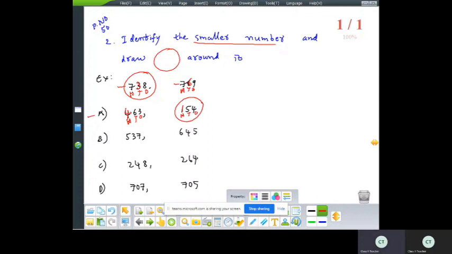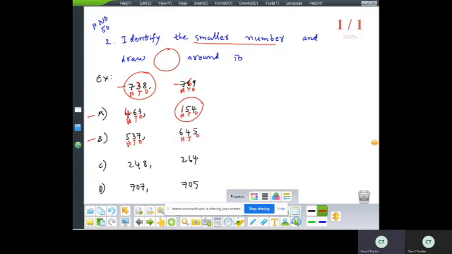Now B, 537 and 645. These are the given numbers in B. Again, we have to look at the place values: ones, tens, hundreds.